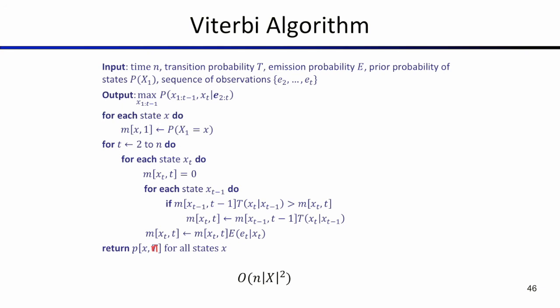All right, so let's just go through this. I prefer the blue color for some reason. We're going to simulate this for n time steps. We have the transition probability, the emission probability, and the prior probability of the states. Given the prior probability of the initial state x1, which is p(x1), and a sequence of observations e2 to et, I'm going to return the maximum.